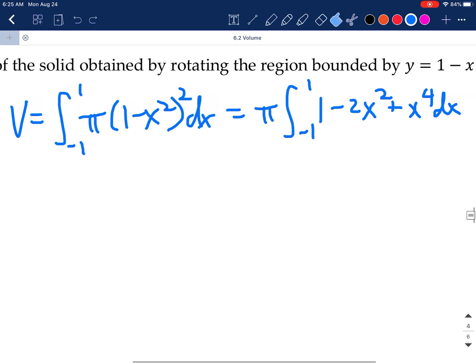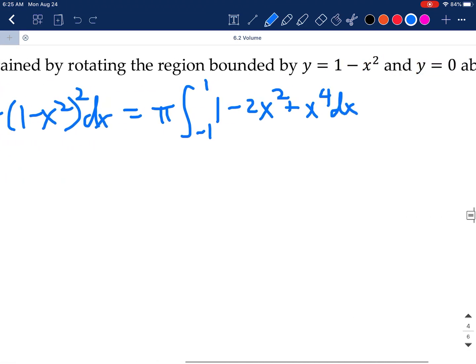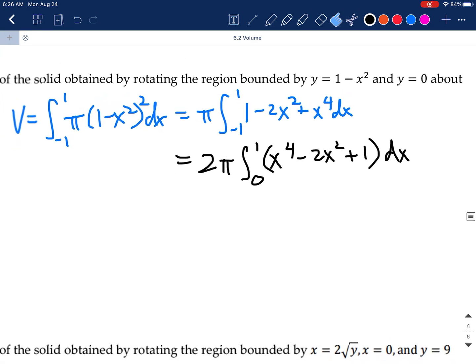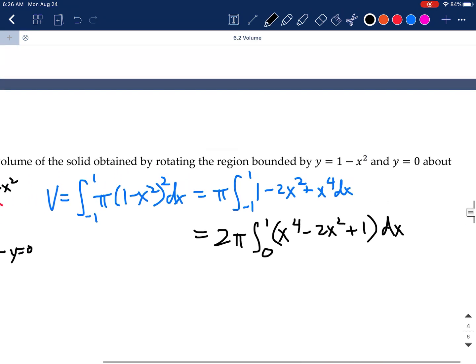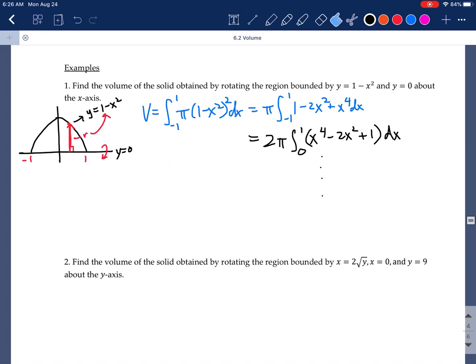I would recommend, since we've got, again, an even function symmetric about the y-axis, we can make our calculation a bit simpler by doubling the volume of just 1/2 of the figure. So we'll get x to the 4th minus 2x squared plus 1 dx. And again, you can evaluate that on your own and see what you end up with.